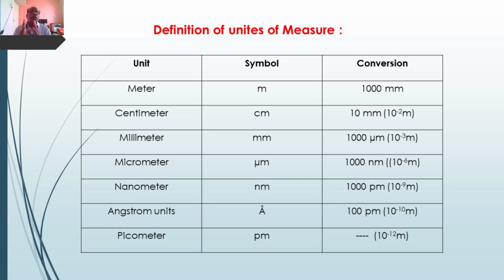So for the measurement of the different components of the cell, we can use these units, that is, units for measuring the size of different molecules or structures while studying cells or their structures.